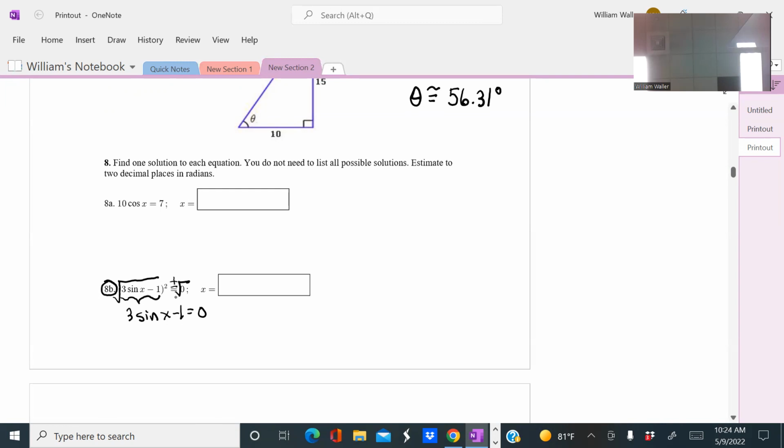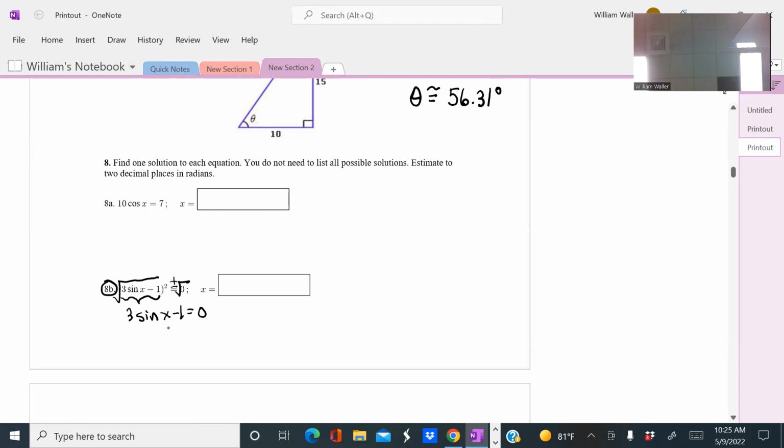However, in this case, the square root of 0 is 0, and plus or minus 0 is still 0. So the plus or minus is not meaningful in this example. I took a long time to explain what you probably already realized: 3 sine of x minus 1 is equal to 0. So the square is not meaningful in this problem.